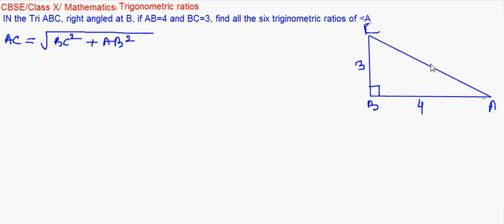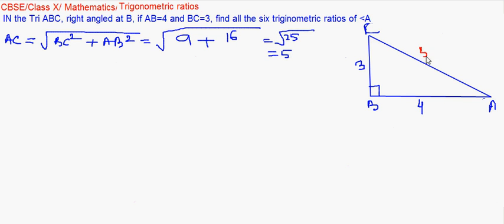BC square is 3 square, that's giving me 9, and AB square is 4 square, giving 16. So it is root 25, which is giving us 5 units. So I can just directly write here, that will make our task easier, 5.